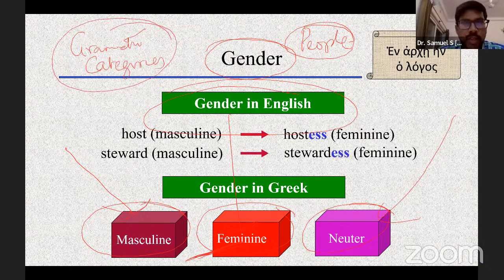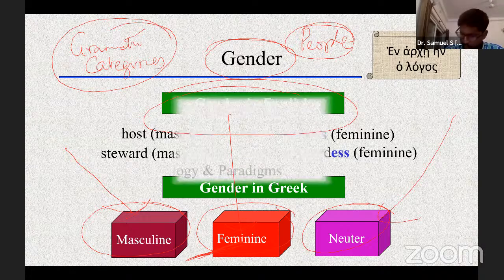So whenever we say a certain noun is masculine or feminine or neuter, only think of them as grammatical categories. They have nothing to do with human, or actually biological, gender, right? Three categories of gender in Greek.